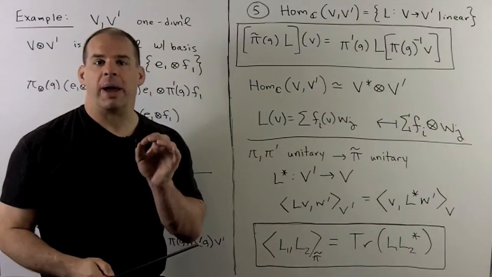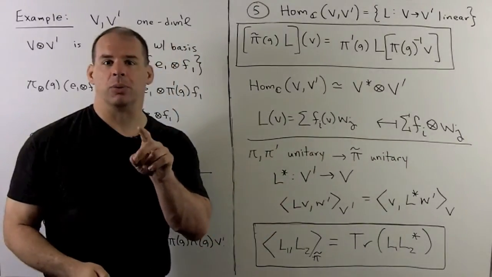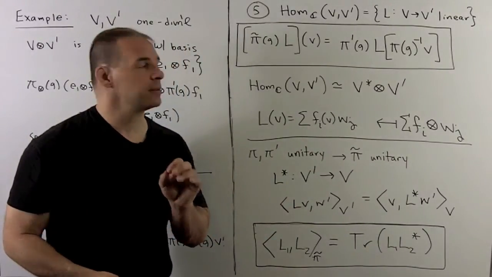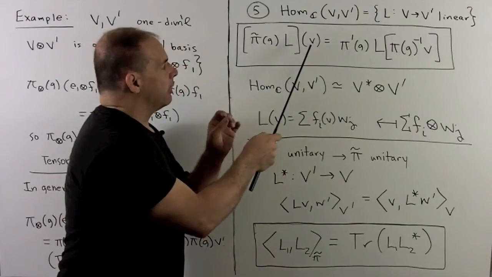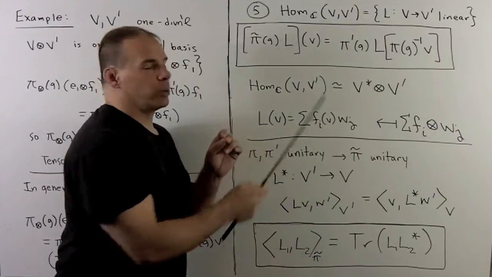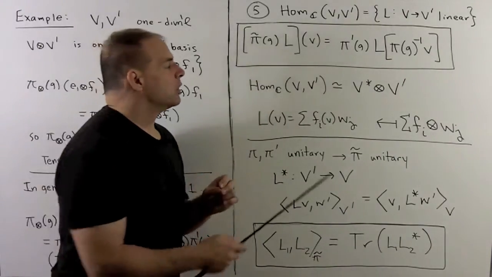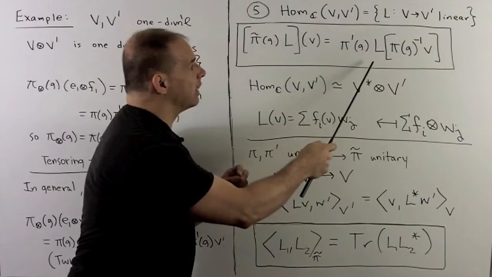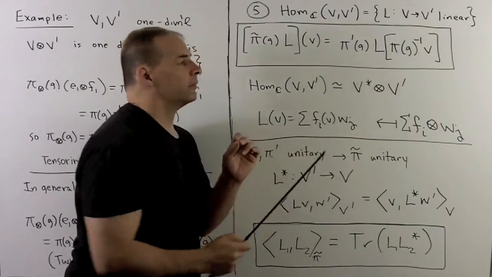Now, we have a group action from V prime. If we're working with V prime equal to C, we're just going to have the dual space. Note, if I put an element from V in here, L is going to send it to an element of V prime. Then I can apply pi prime of G. So we're going to put pi prime of G on the outside. So that's our group action formally.